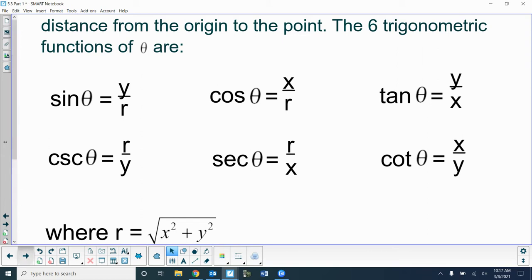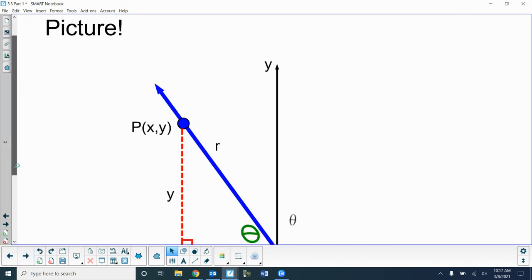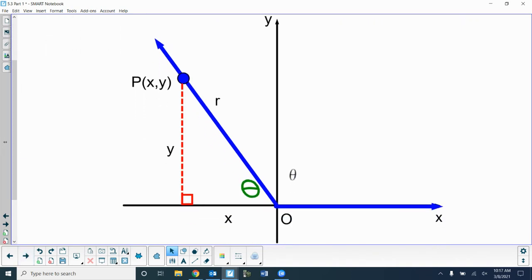Okay, so here's a picture of what I'm talking about. All right, we got our x and our y axis. We got our point over here in the second quadrant. So this angle, whatever it is, it might be 120 degrees or something. The theta that we're going to use is going to be inside the triangle we draw. We're going to draw a vertical line from the point to the x-axis for our right angle.